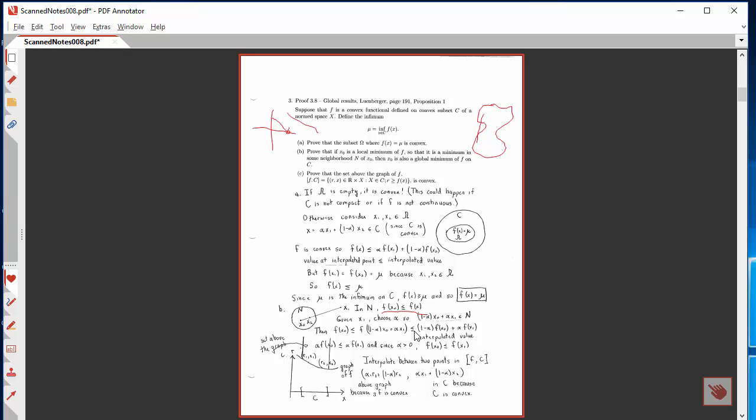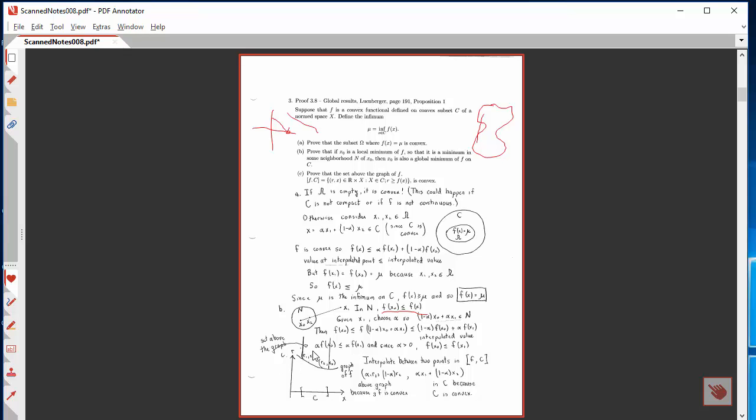But f is a convex functional, so this is less than or equal to the interpolated value, 1 minus alpha times the value there, plus alpha times the value there. I've got an f of x0 on the left-hand side. I've got an f of x0 on the right-hand side.